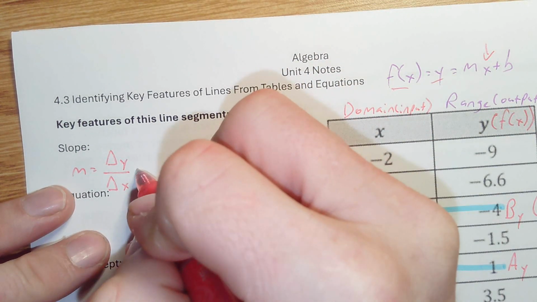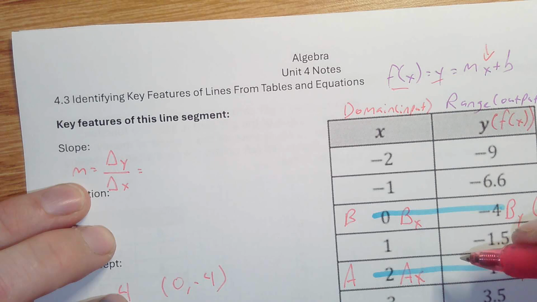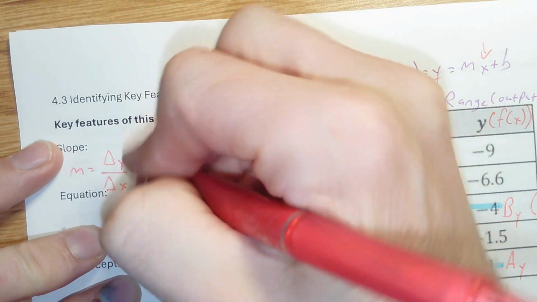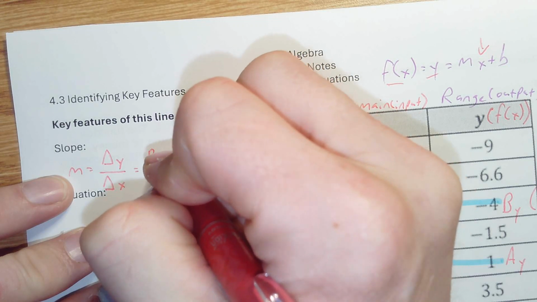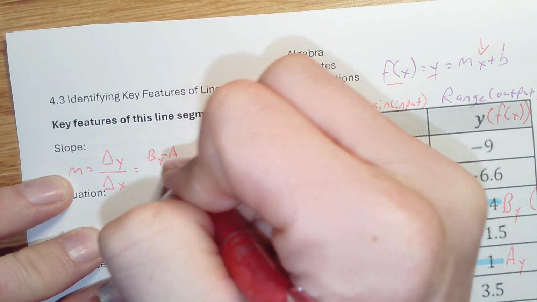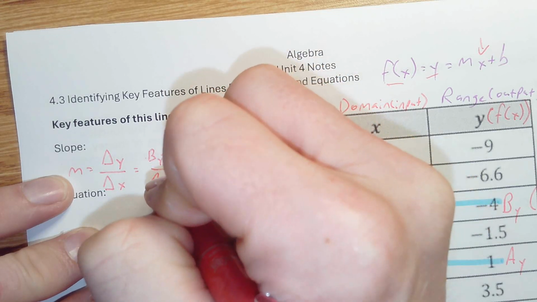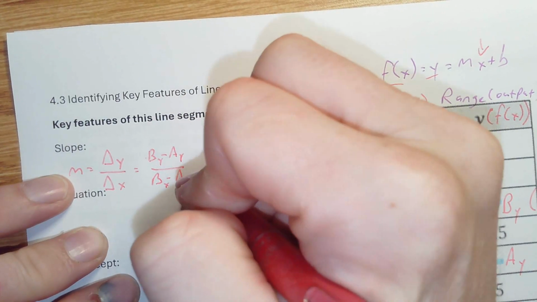Okay, so my change in y, let's do B minus A since B's on top. I'll define it first. It's going to be B minus A of y, and then B minus A of x, because y's go on top, x's go on bottom.